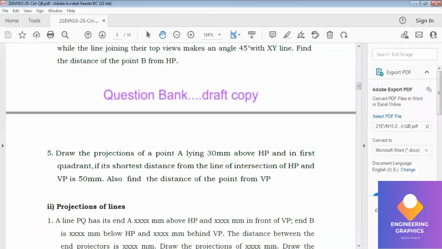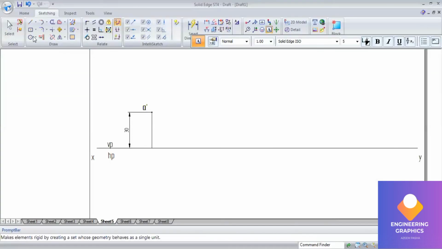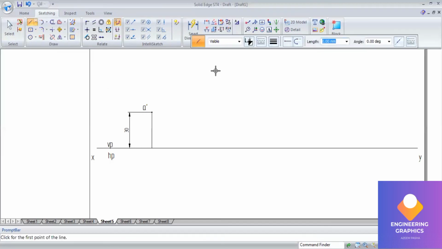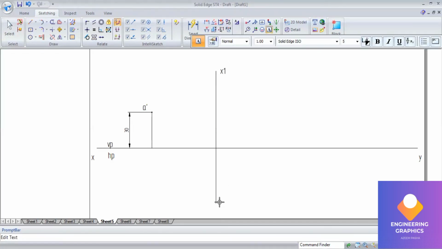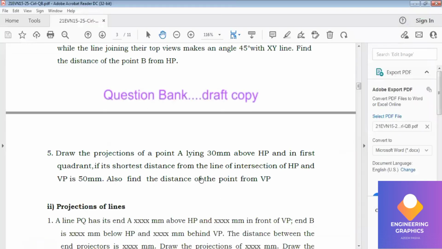Now they have mentioned the shortest distance. You can see the shortest distance from the line of intersection of HP and VP is 50 mm. So here I will be drawing a vertical line of x1 y1. Okay, x1 y1. Mention x1 y1. Now go to arc by center. Select the arc by center command and give the radius 50.